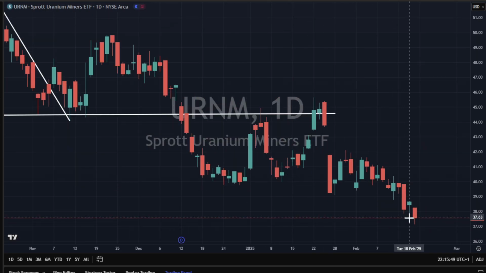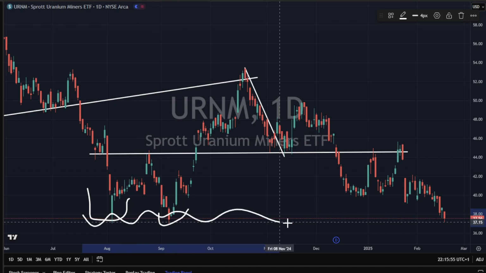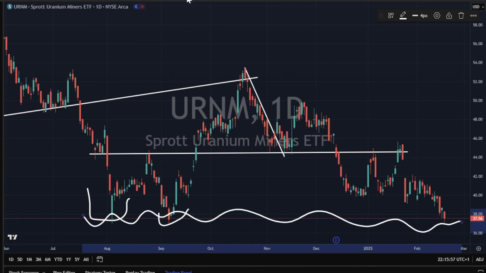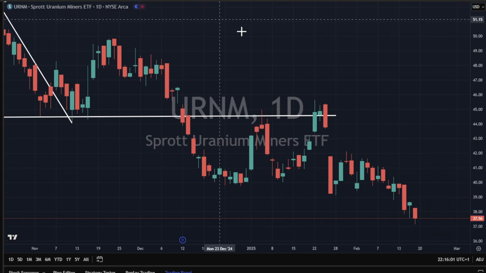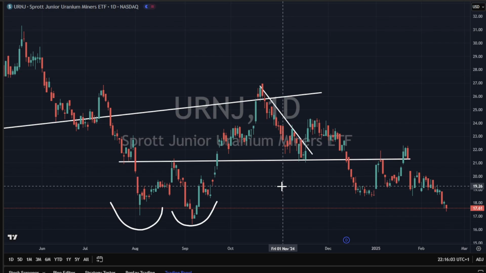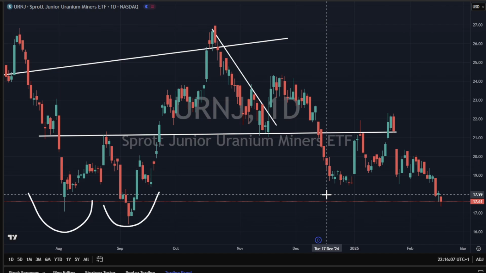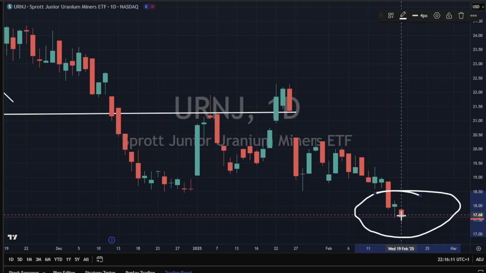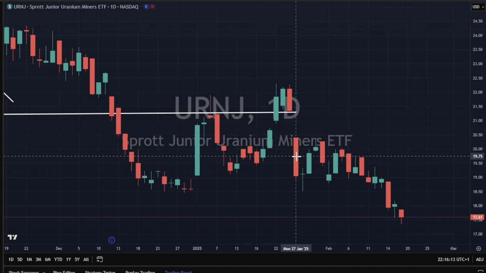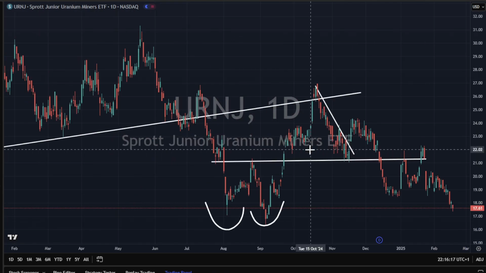Uranium down 2.8%. We're getting a little wick at the bottom. It could be salvageable. We are at support down here for this general area, so we could find support. Let's see if we can get a positive bullish candlestick to show up. URNJ also in the same situation here. For those that are super aggressive, me personally, I would be adding a little bit here, and then I would do my special sprinkles over time.